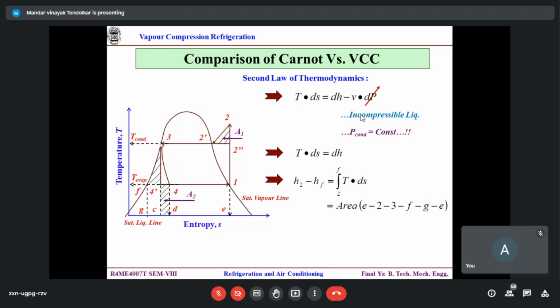Otherwise, I have to do it something like this, a very small change in the pressure line deviating towards the left-hand side. We neglect it. And I can directly say for this 3FG. Otherwise, on some constant pressure line, the condenser pressure line, it would have been over here something, F dash. Are you getting it?